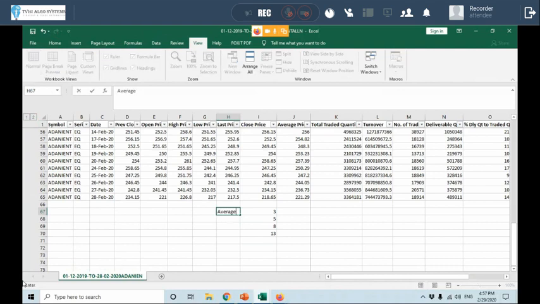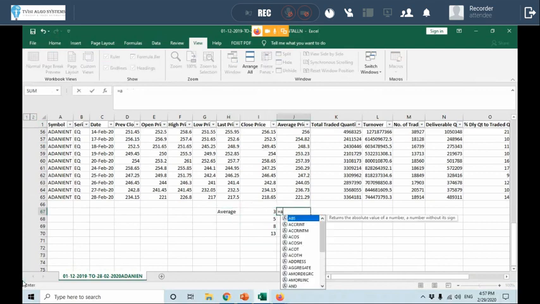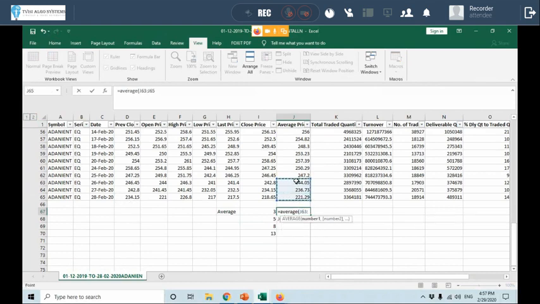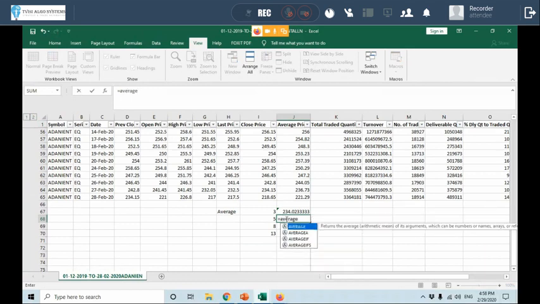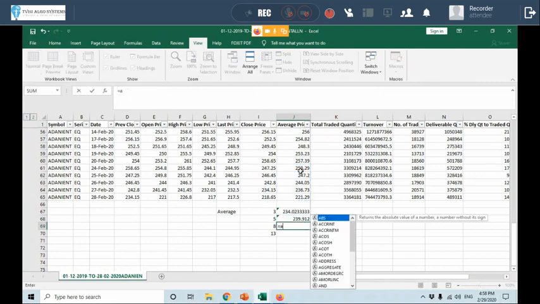So I'll do the average. This is the average of the last 3 days. This is the average of 5 days. This is the average of 8 days.